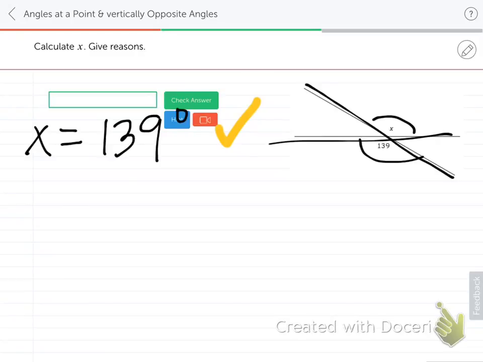A lot of kids struggle with this part because they're not understanding the format. You type in an answer, then actually start typing in what you think the reason is going to be. And you have to be very specific because they only have very particular reasons. So on this one, I know that they're vertical angles, so I would just type in vertical.